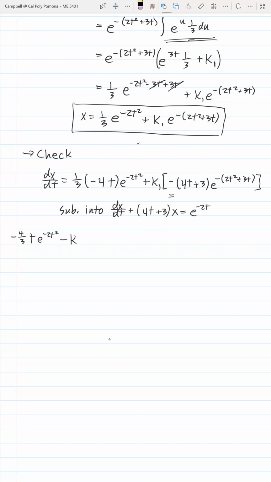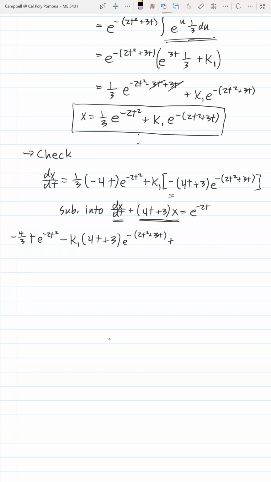So minus k1 times (4t plus 3) e to the negative 2t squared plus 3t. And then we have our plus, so that took care of the derivative. So now we have plus all of this times x.